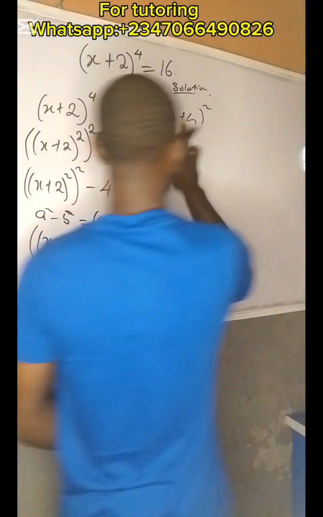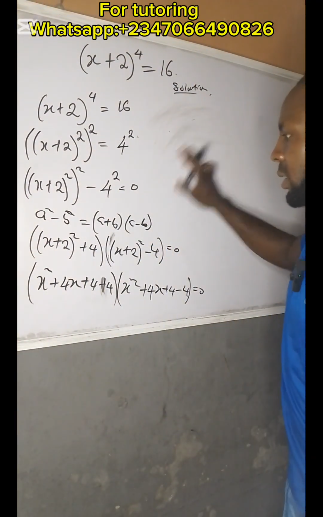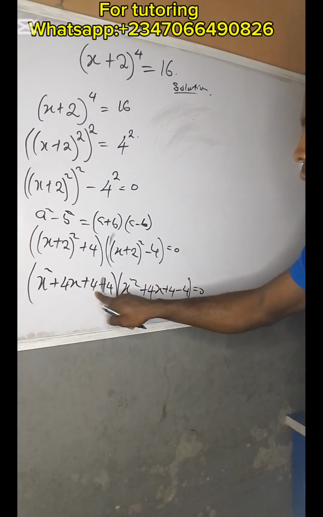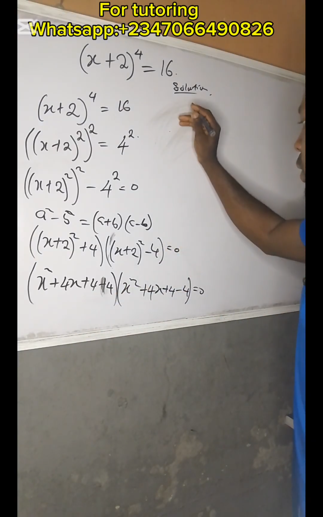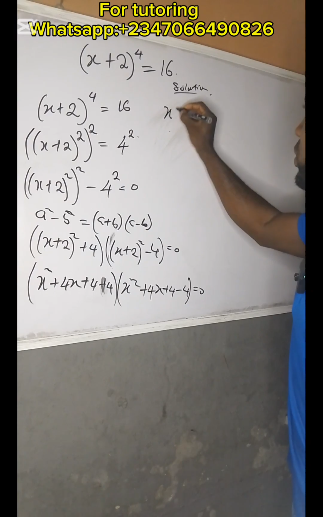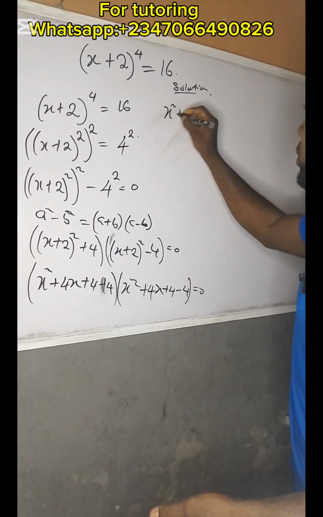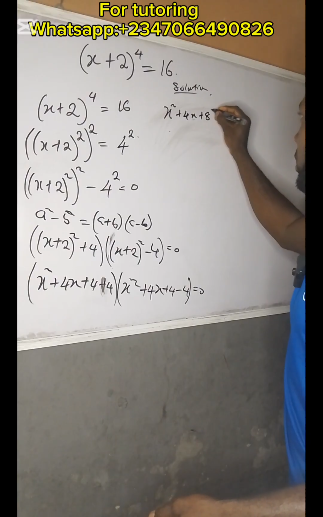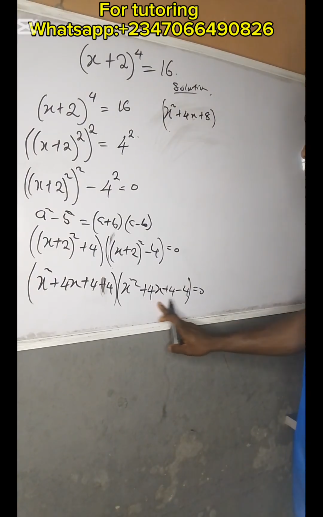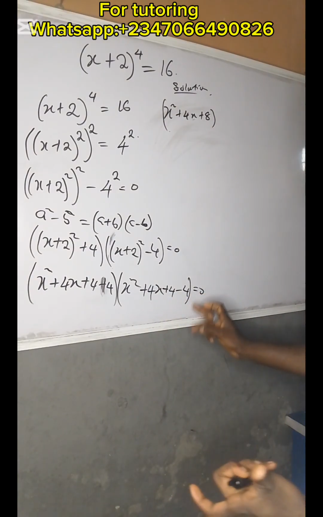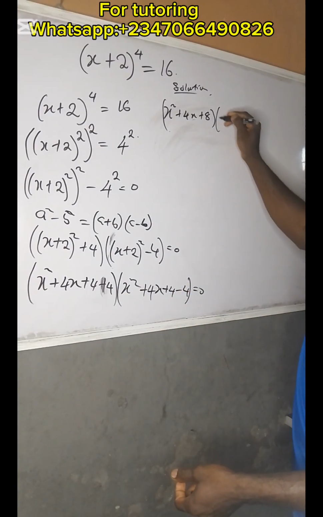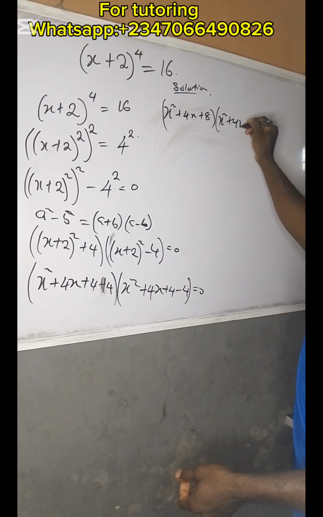So now the first bracket gives x squared plus 4x plus 4 plus 4, which is 8. The other one, 4 minus 4, is 0, so we have x squared plus 4x.